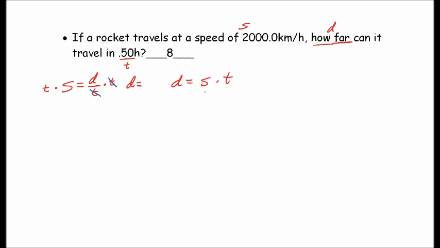If you've watched any of the previous videos, you know there is a different way to rearrange this equation. It's called the magic triangle, and it works like this.